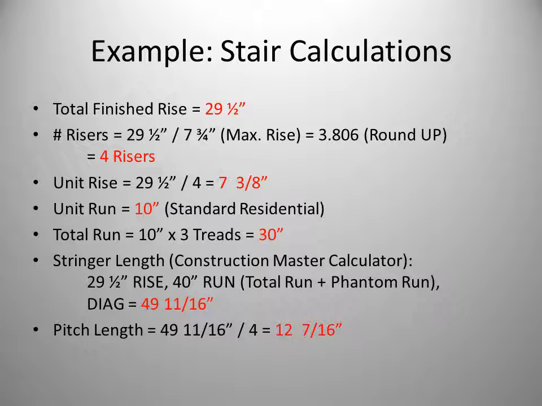You should get a stringer length that is 49 11/16 inches. Then to calculate our pitch length, which is the diagonal dimension of 1 unit rise and 1 unit run, we take our stringer length of 49 11/16 and divide by our quantity of risers, in this case 4, to give us a pitch length of 12 7/16.